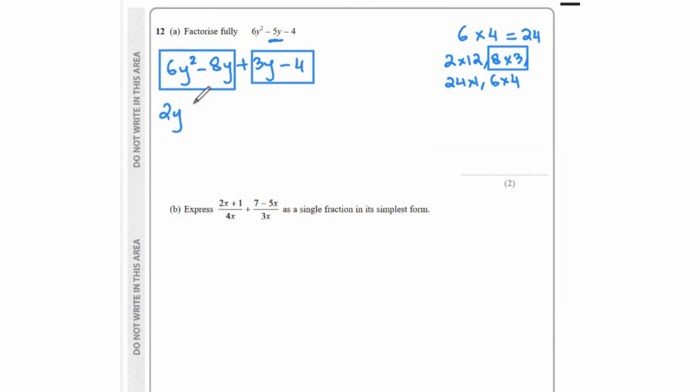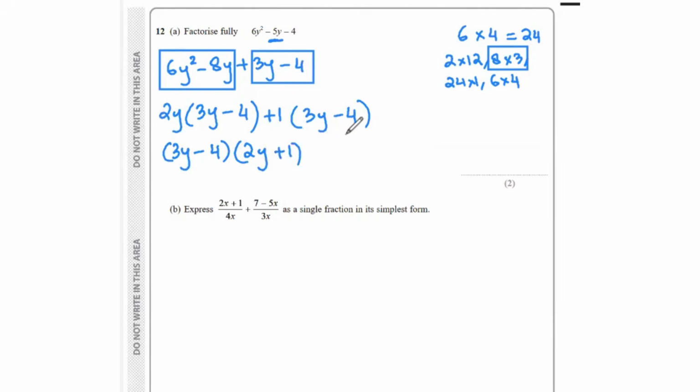So you take 2y common and we're left with 3y minus 4. In the second group, we only have plus 1 common. So 3y minus 4 comes in the bracket. Now between 2y and plus 1, we have 3y minus 4 common. When we take that common, we're left with 2y plus 1 in the second bracket. So that is your fully factorized answer.